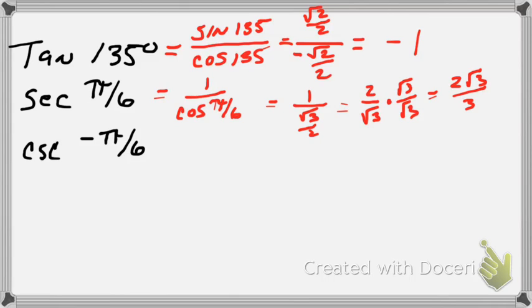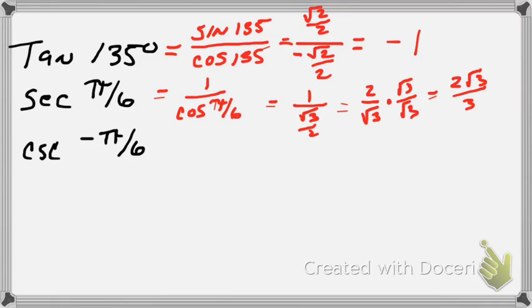Okay, let's try a negative angle. Cosecant of negative pi over 6. Now, negative pi over 6 means I'm going against the grain a distance of pi over 6. So, if I go against the grain a distance of pi over 6, where do I stop? On what dot? Tanner? Is it 11 pi over 6?